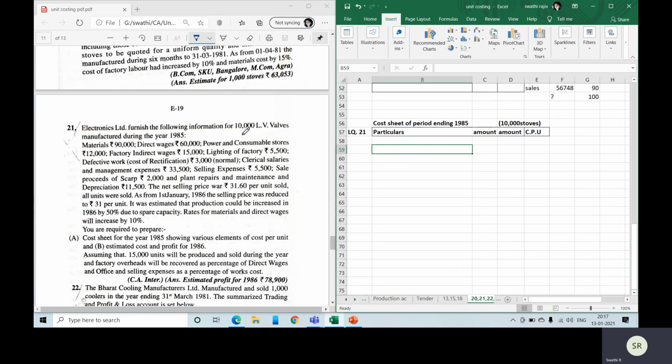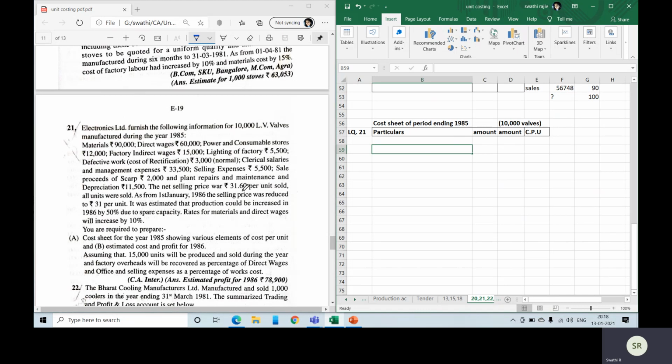Electronics Limited furnished the following information for 10,000 valves. Okay, it's not stove, that was from the previous question. This is for valves. The particulars are given for the year ending 1985: materials, direct wages, power and consumable stores, factory indirect wages, lighting of factory, defective work, clerical salary, management expenditure, selling expenditure, sale proceeds of scrap, plant repairs and maintenance, and depreciation.